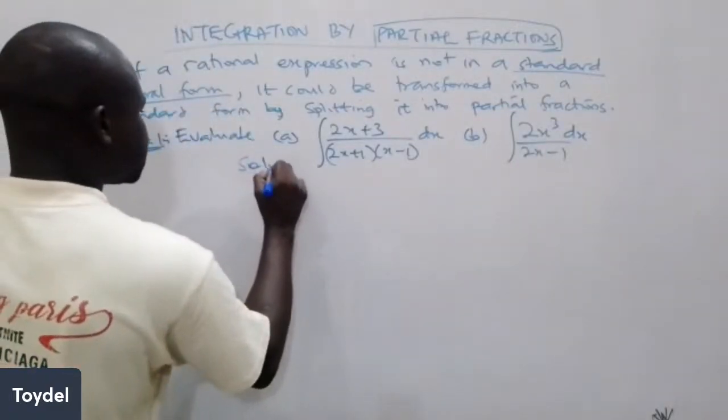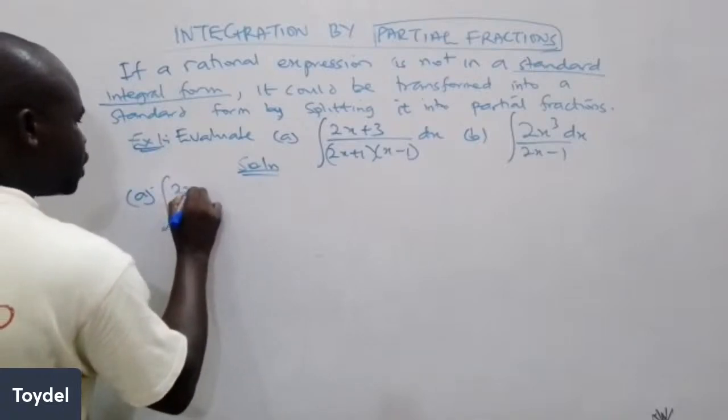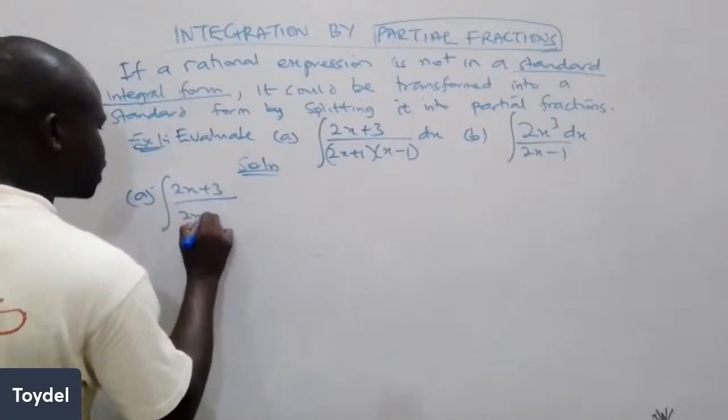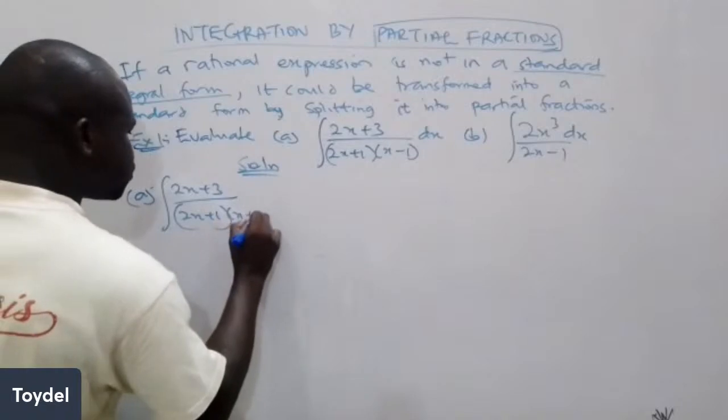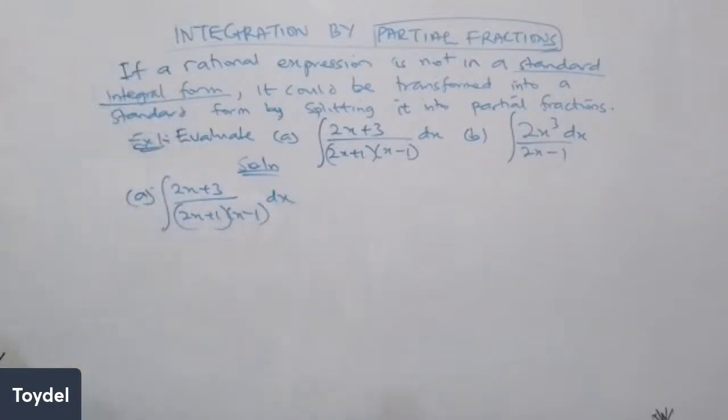Solution. We start with example 1: the integral of 2x plus 3 all over 2x plus 1, x minus 1 dx. So how do we resolve this into partial fractions?